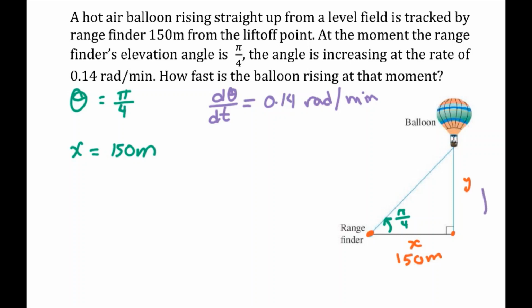So when I talk about the change in the height of the balloon, we're talking about y. We don't know what y is, right? But we want to find dy over dt. So when I'm asking you to find how fast the distance changes over time, this is basically dy over dt or dx over dt.